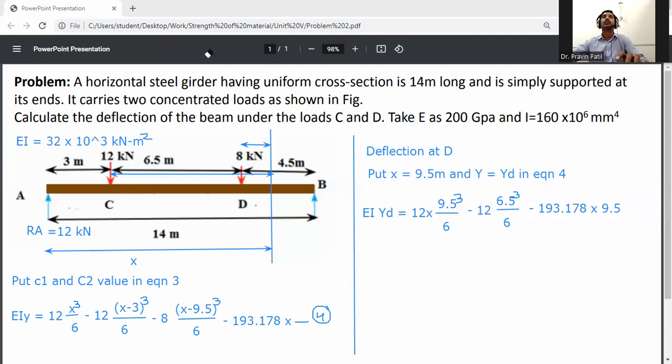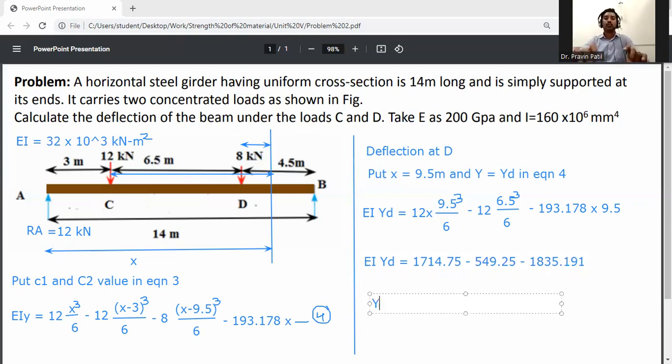Now EI yd is equal to 9.5 cube divided by 6 into 12, which is 1714.75, then minus 6.5 cube divided by 6 into 12, which is 549.25, then minus 193.178 into 9.5, which is 1835.191.